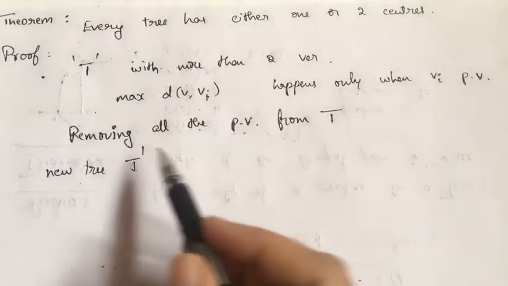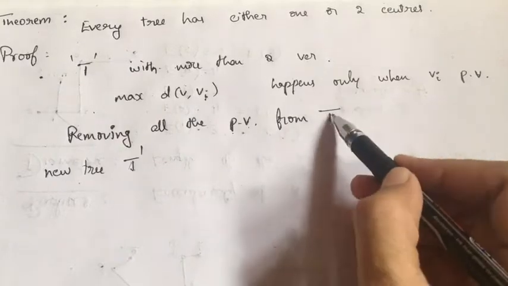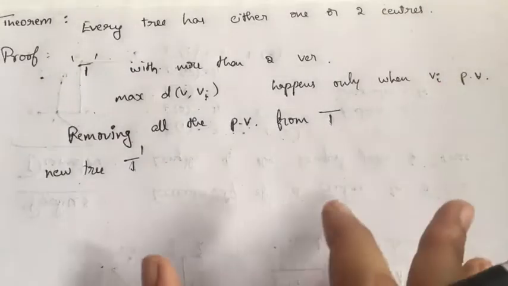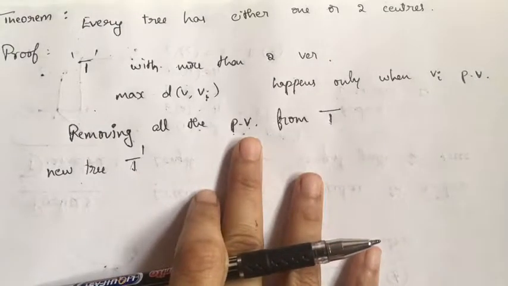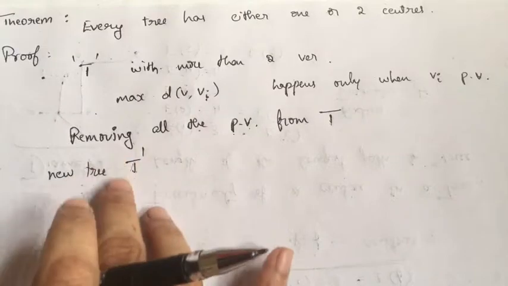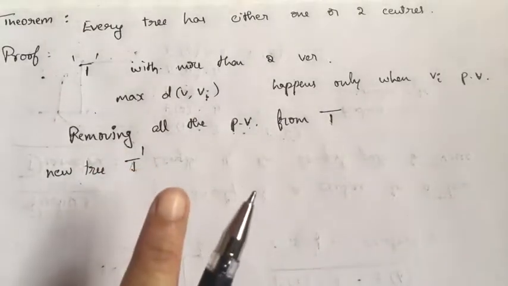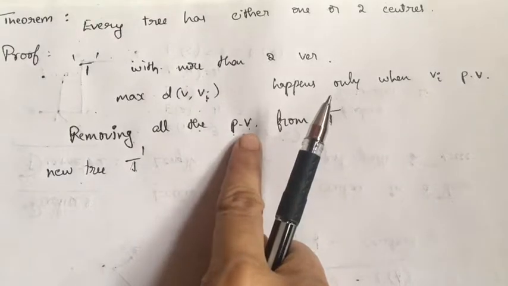Now what happens on removal of pendant vertices from T? Initially all the vertices have some eccentricities. On removal of pendant vertices, the eccentricities of all the vertices in T dash are reduced by 1, because I have removed the pendant vertices.